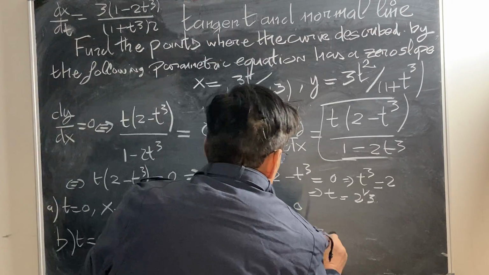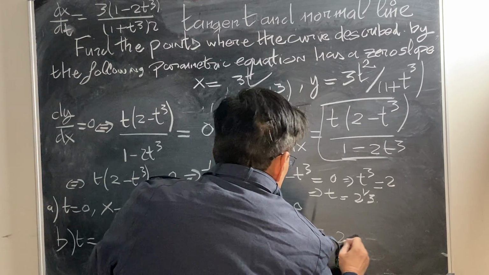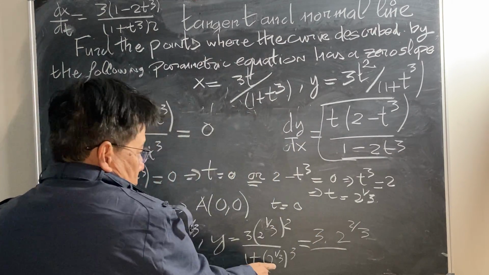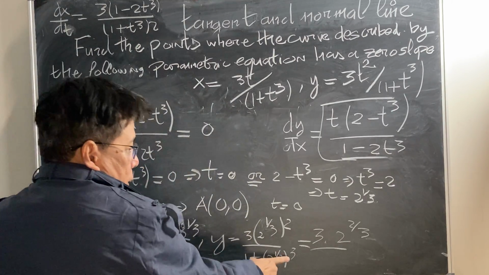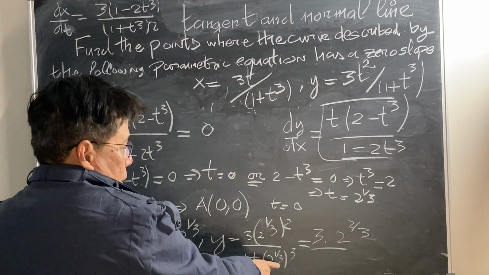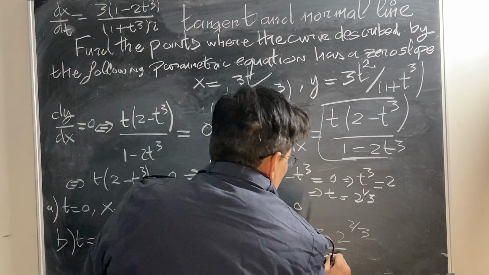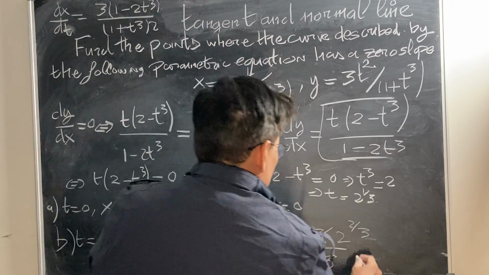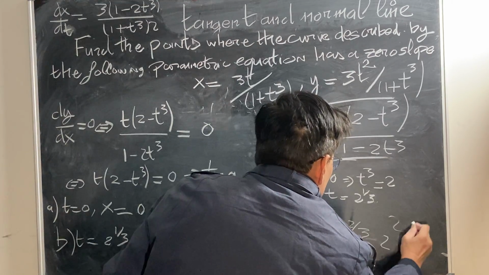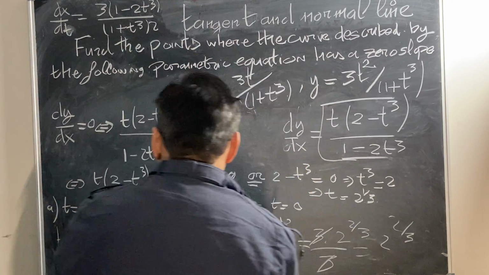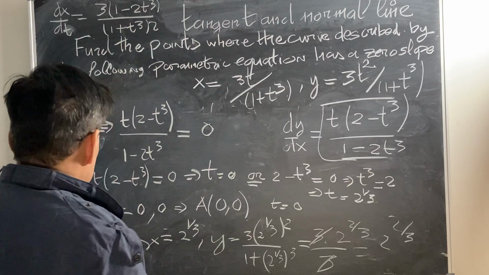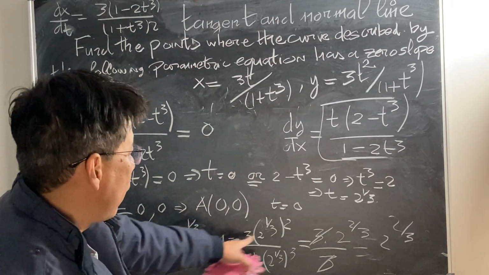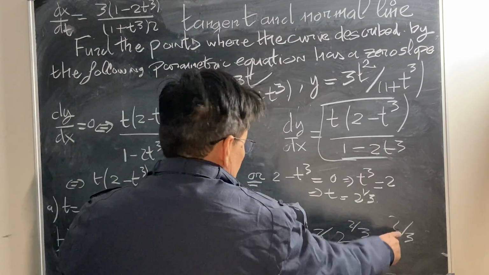Here you have 3, 2 times 2 to the 1/3, divided by this one, 2 to the 1/3 cubed equals 2, 2 plus 1 equals 3, and 3 cancels 3, so y equals 2 to the 2/3. So as t equals 2 to the 1/3, then x equals 2 to the 1/3, and y equals 2 to the 2/3.